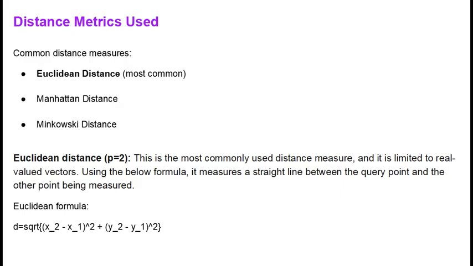Suppose if you have point 1, this is another point. To find the distance between these 2 points, suppose this is the point A, this is the point B, we use this formula.